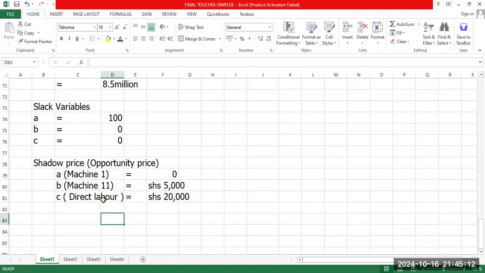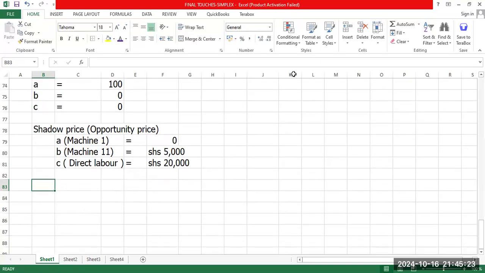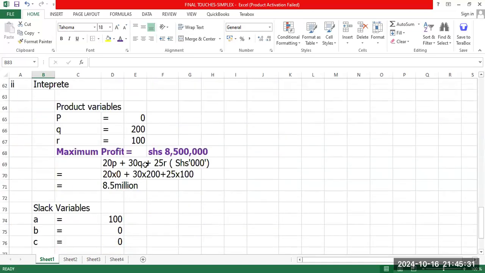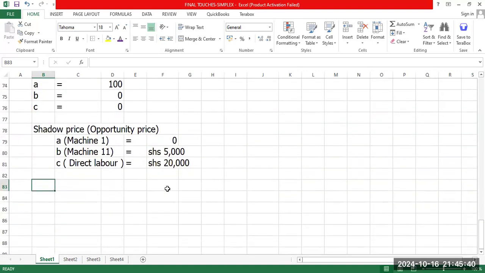I take a lot of time to explain just here because I know some of you are just starting from scratch. Okay, that's all about this question. I don't want you to fail any question about interpretation of the final tableau.